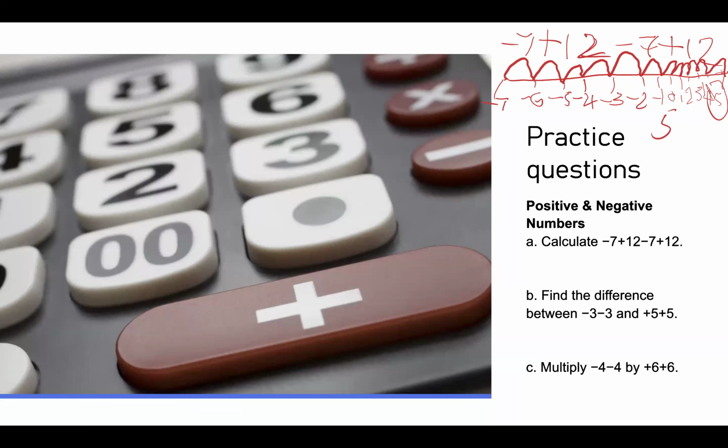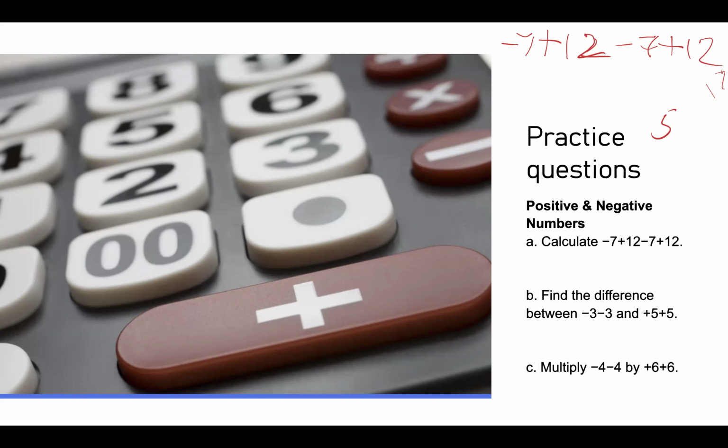But we still need to continue and do this. As we remember our BIDMAS rules, we have to do the additions first. So it would be 5 here, minus 5 here.